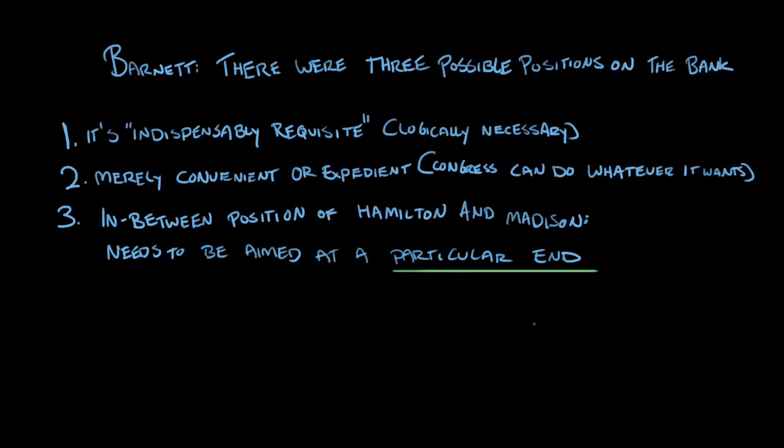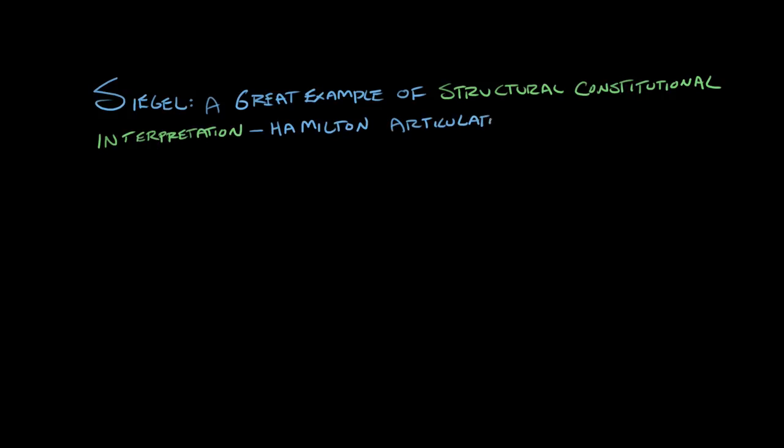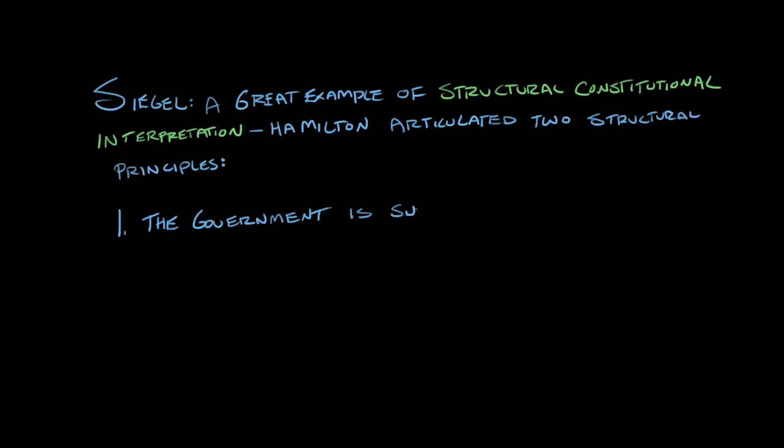What I think is less well known about this case is that this part of the case was over, and the court had already decided this federal power to create the bank before it even got to the Necessary and Proper Clause. This case is a great example of what's called structural constitutional interpretation. Hamilton articulated two structural principles. First, that the federal government is supreme within its sphere of action.